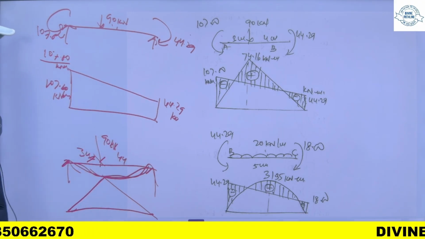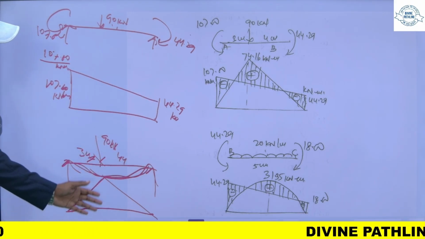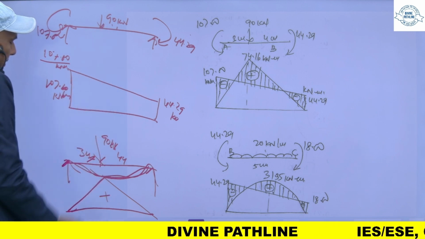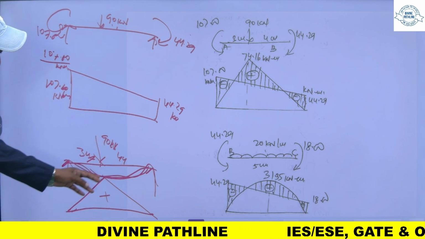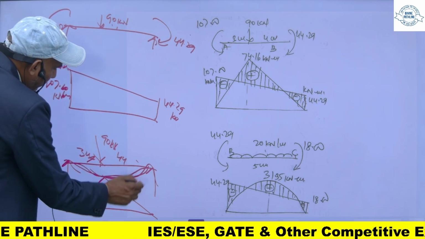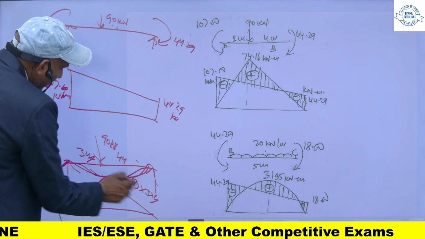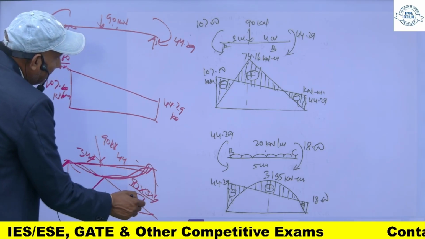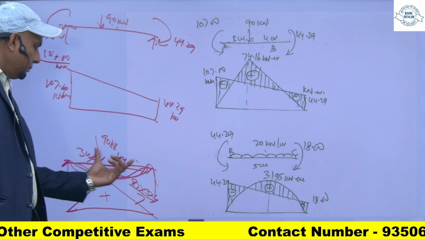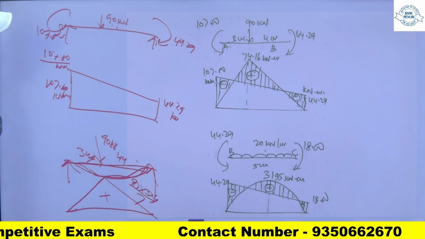Sagging I will plot on the upward side. So this is the sagging moment. Because of this load, it will be a sagging moment, and this amount will be 90 into 3 into 4 by 7. So you will get this moment.